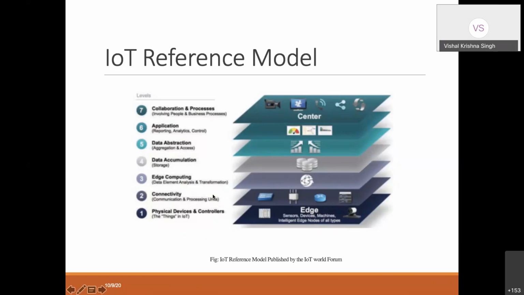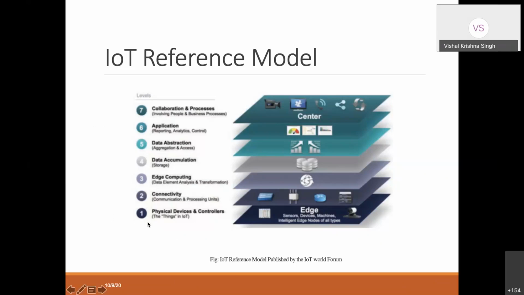I'll go through these layers one by one so that the concept and the functionalities of all these layers can be addressed. As I said, in the first layer, you can see the physical devices and controllers.